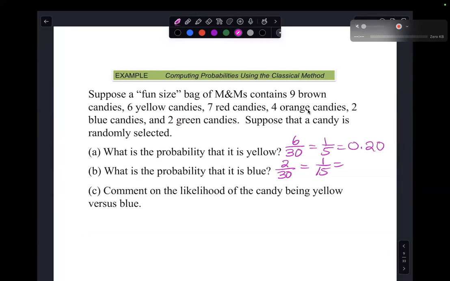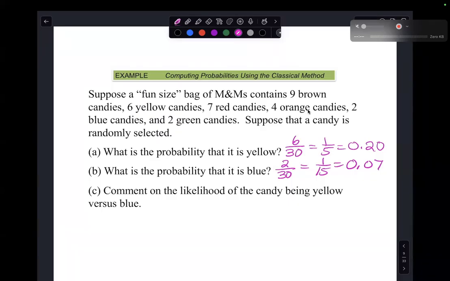So it's about a 0.07, so about a 7% chance that it is blue. Yep, good. Except you didn't round up, but that's okay. You're really close. I don't think anybody's going to get mad at you.